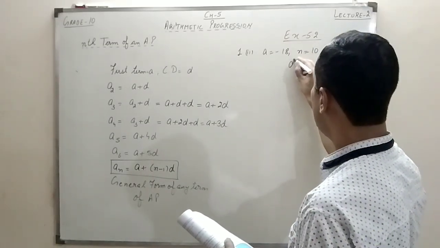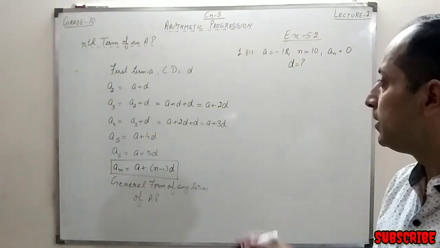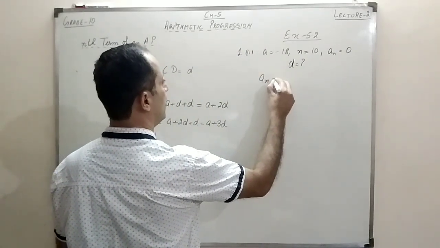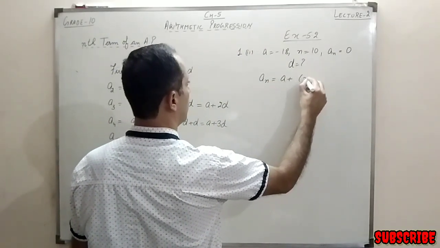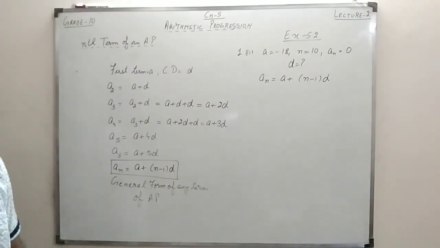What do I have to find? I have to find the value of d. So what I do is put in this relation. I write the relation an is equal to a plus n minus 1 into d, right? And then substitute the values which are given to me.